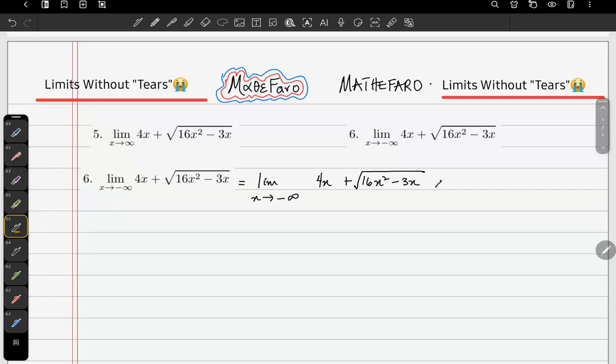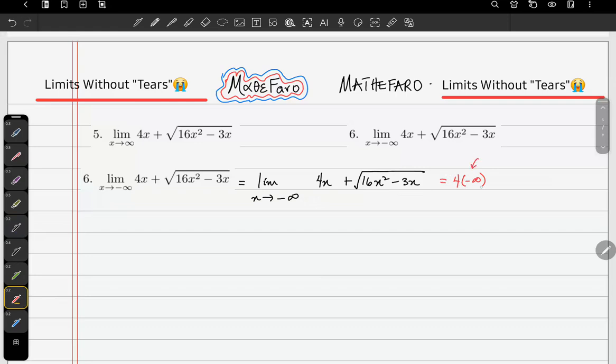times, well, first and foremost, if we wanted to check why we needed to do anything superficial, let's see what happens if we actually try to make some direct substitution. So if we substitute negative infinity, then it means this gives us 4 times negative infinity. Like I said, we have to be very careful here.